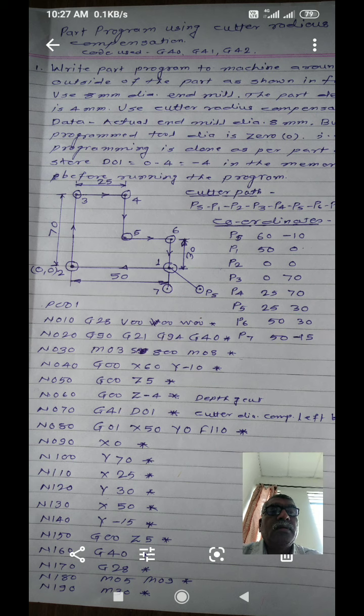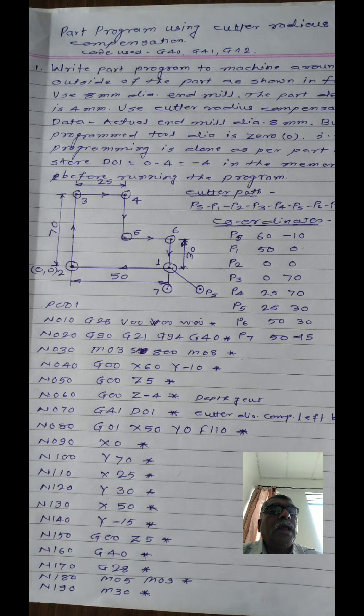Here, the actual end mill diameter is 8 millimeter, but the program tool diameter is 0. Means here you have to ignore the radius of the cutter. The program tool diameter is 0, that is, programming is done as per the part drawing. Is it okay? You have to develop the part program according to the part drawing.